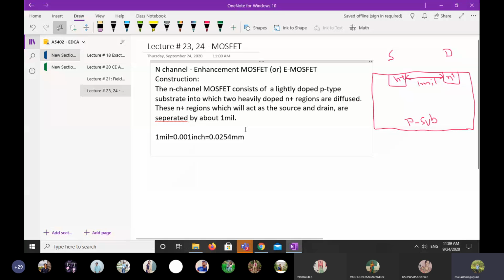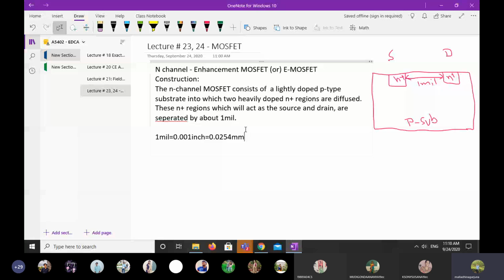We should diffuse the source and drain in the P substrate by maintaining this distance of 0.0254 millimeters.